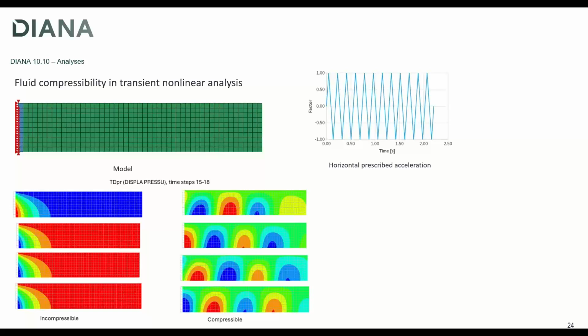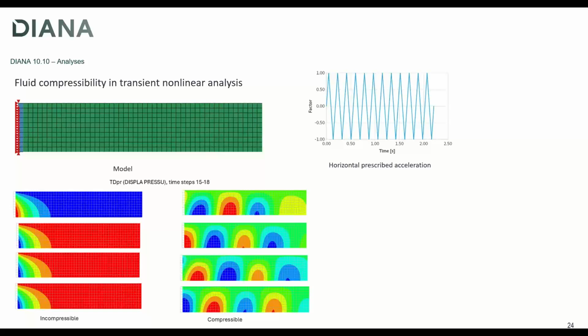It becomes prominent if the input signal is higher than the cutoff frequency. With cutoff frequency, I mean the first fundamental frequency of the fluid domain, and it is roughly the velocity of sound in the fluid divided by 4 times the height of the dam.